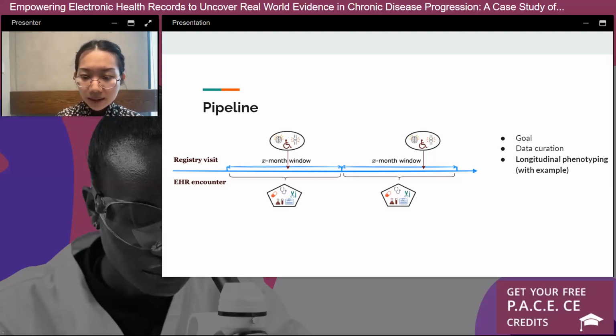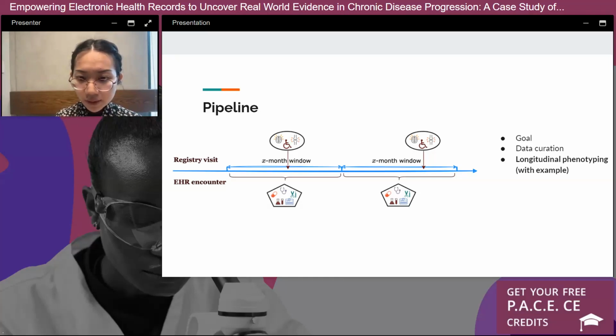And what our longitudinal phenotyping algorithm tries to do is to learn some indicative patterns from this group of EHR features to come up with a fitted algorithm to predict the outcome of interest, for instance, the probability of the recurrence event.